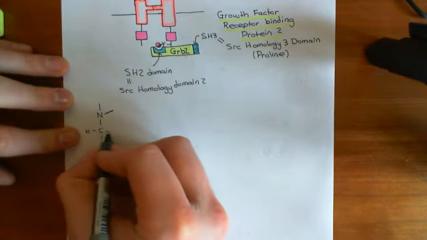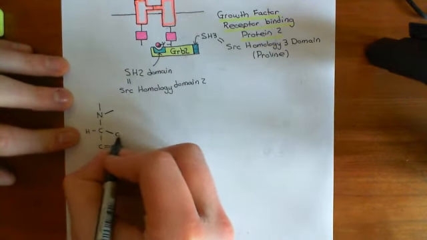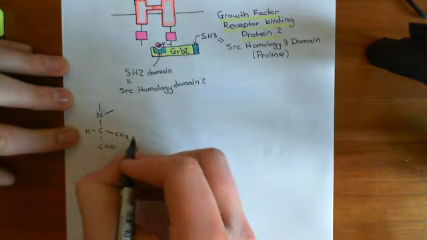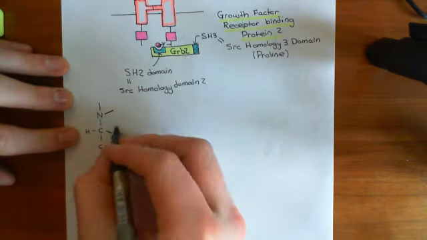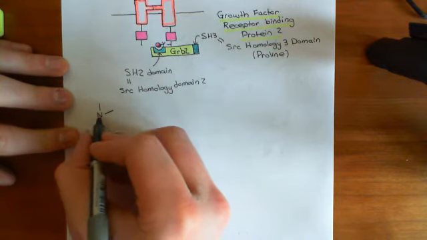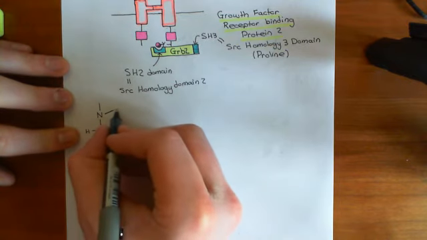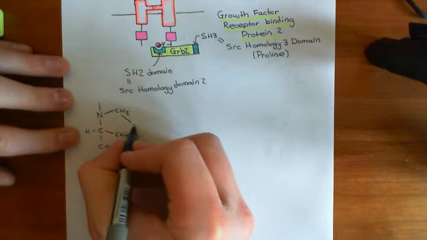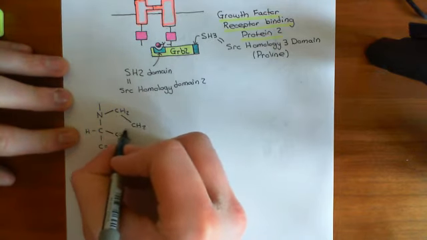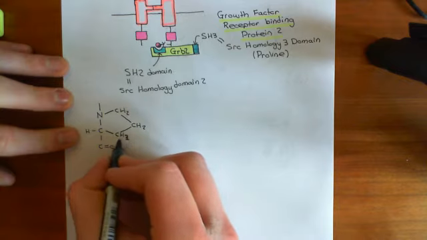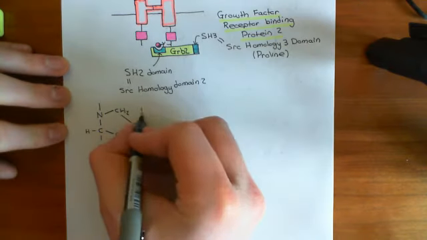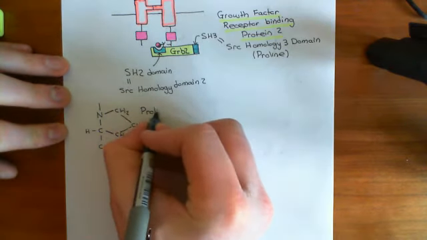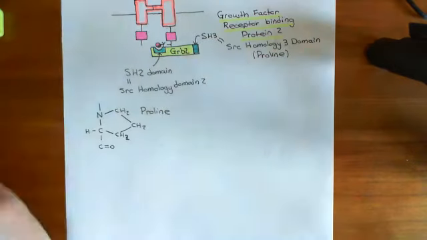Now, the R group of proline consists of a 5-membered ring that connects this carbon here to this nitrogen, and you have to put 3 carbons on to do this. So you'll have a methylene group here, a methylene group here, and then the final methylene group here. So this is a methylene group as well. And this then is the structure of the amino acid residue proline.